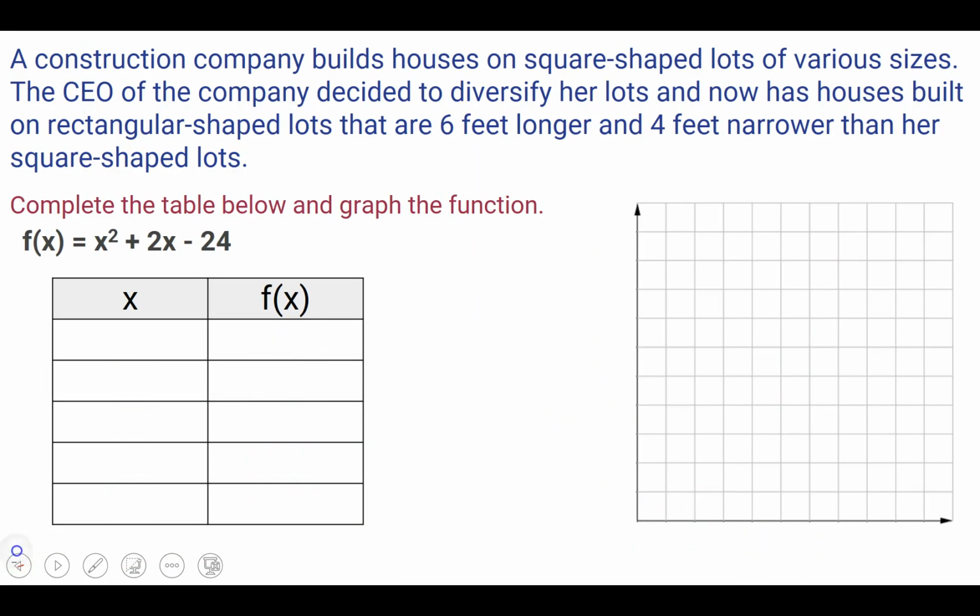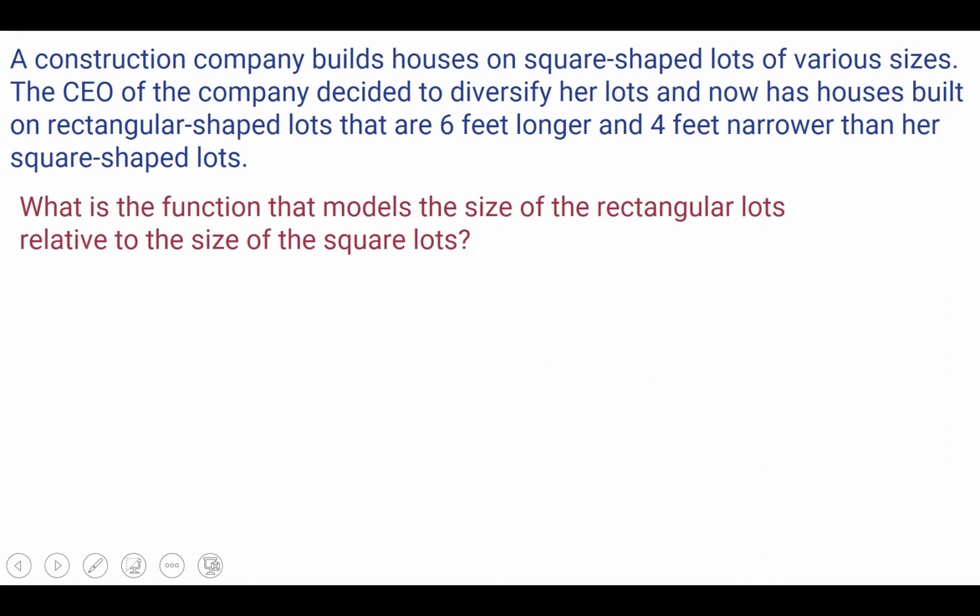A construction company builds houses on square-shaped lots of various sizes. The CEO of the company decided to diversify her lots and now has houses built on rectangular shaped lots that are 6 feet longer and 4 feet narrower than her square shaped lots.